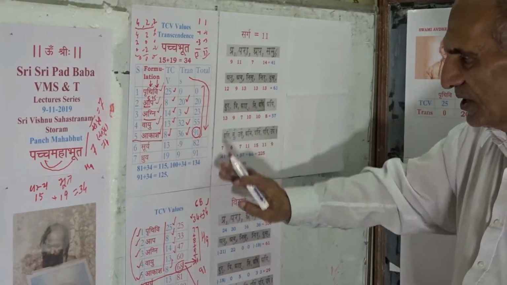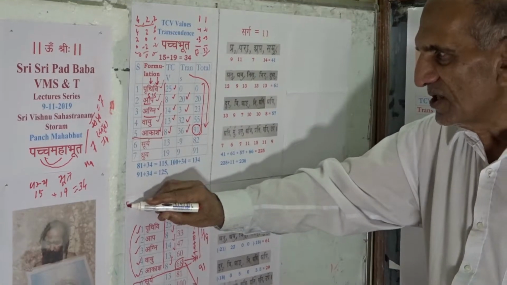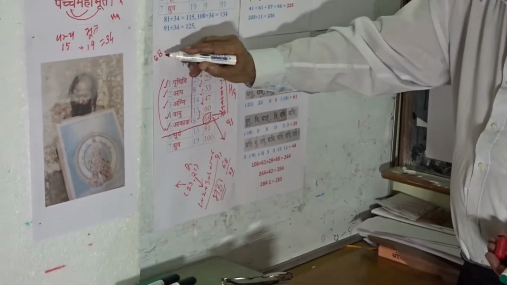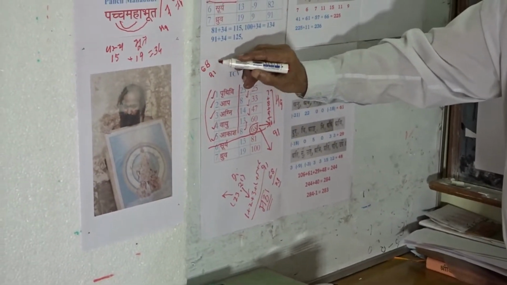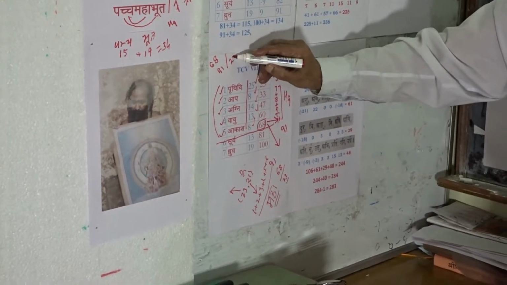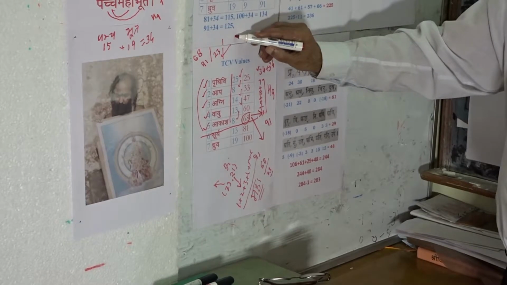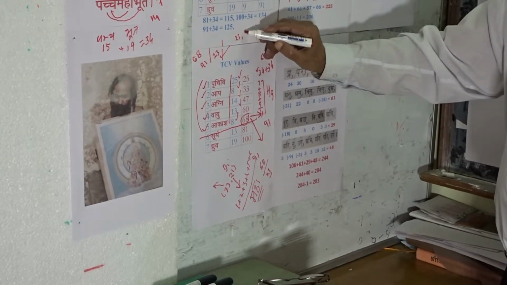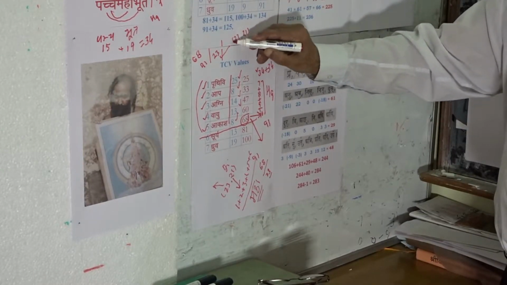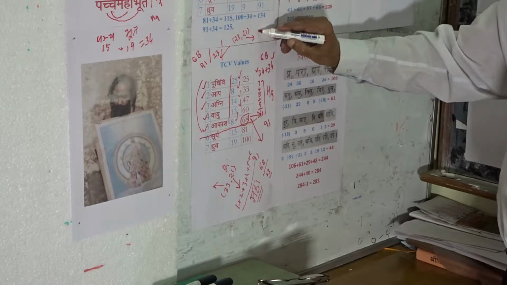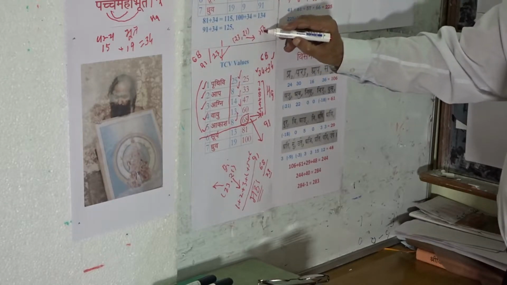We know the 68 is the TCV value, 91 is the trans value, difference value is 23, and this value 23 we know constitutes a pair with value 21 as domain and dimension, and value 21 is the trans value of formulation Maha.